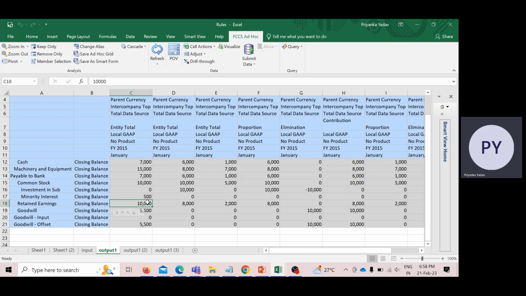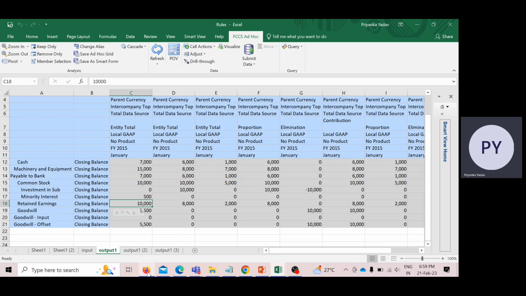It has not changed. What change we see after deploying the owner's equity rule set is that the common stock figure is coming up correctly. But the ownership percentage in minority interest and goodwill, the effect of retained earning percentage is not highlighted right now.